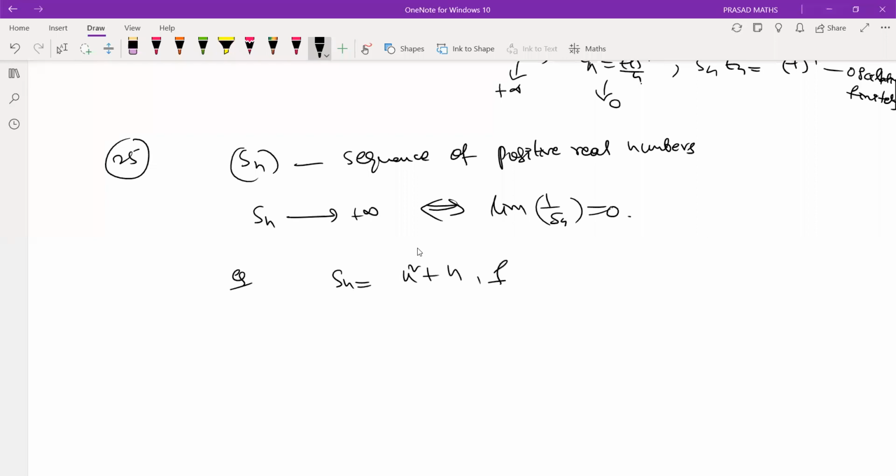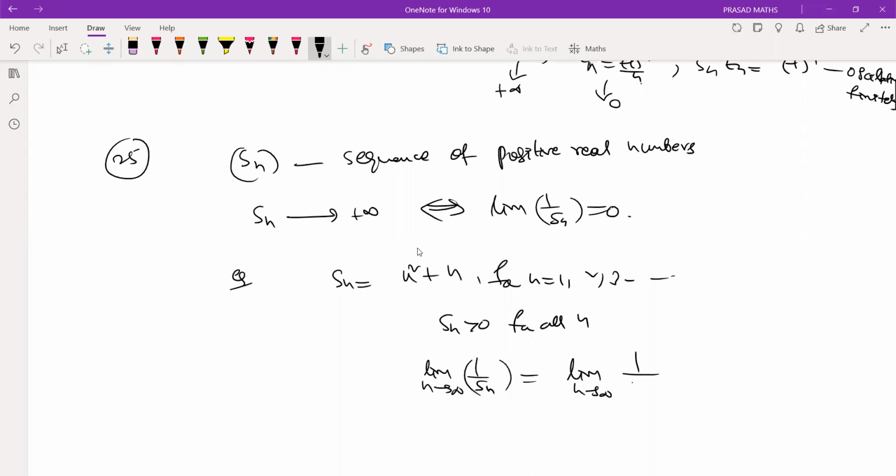You are asking for the limit. I want to show that this tends to plus infinity. It is clearly a sequence of positive real numbers; Sn is positive for all n. So look at the limit of the reciprocal, which is 1 by n square plus n.